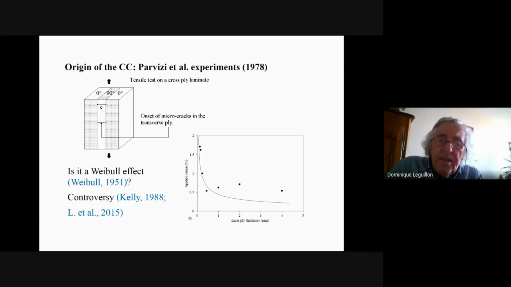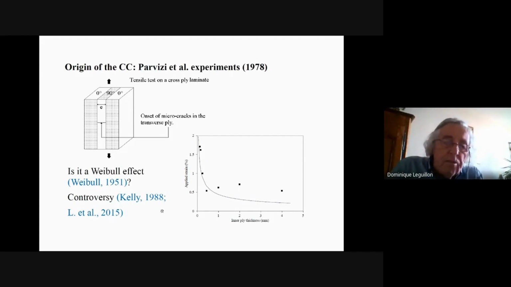And there was at that time a very big controversy. People said this is not due to energy, this is variability, because the inner layer is very thin, here it's in terms of the inner ply thickness. If the inner layer is very thin, the flaws are very small, and according to the variability theory, you have to increase the load to trigger fracture.